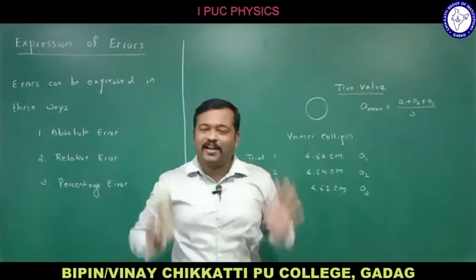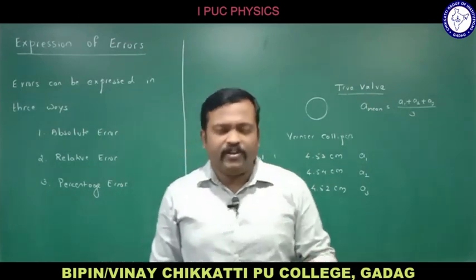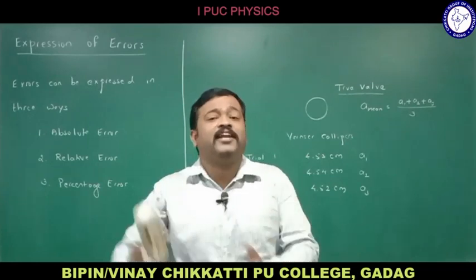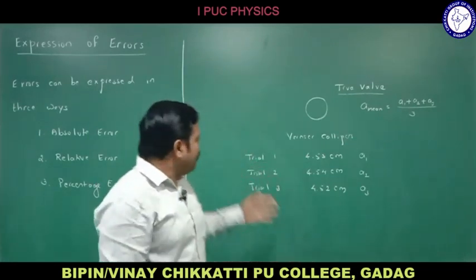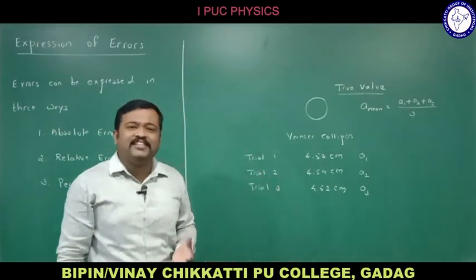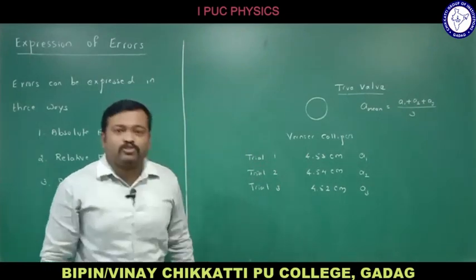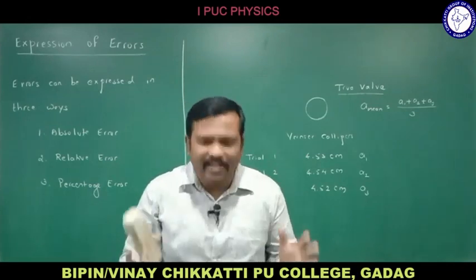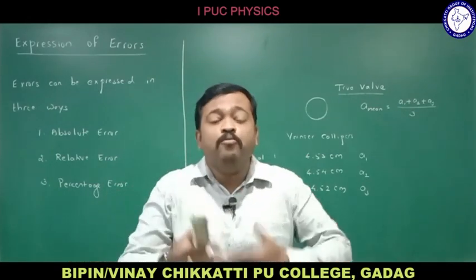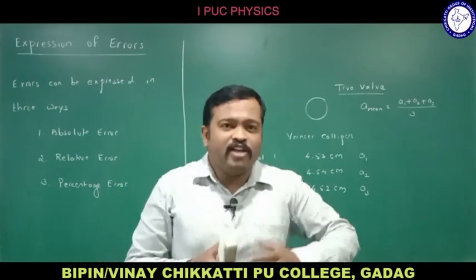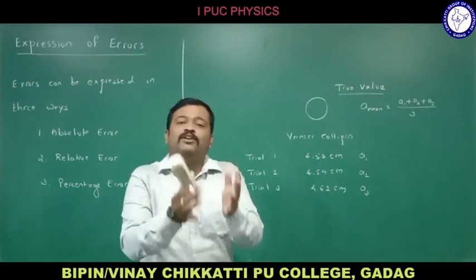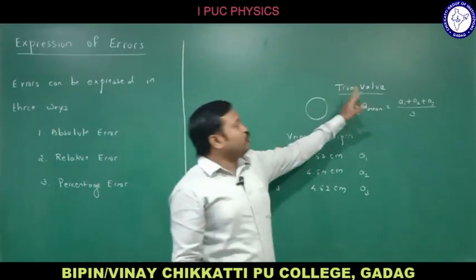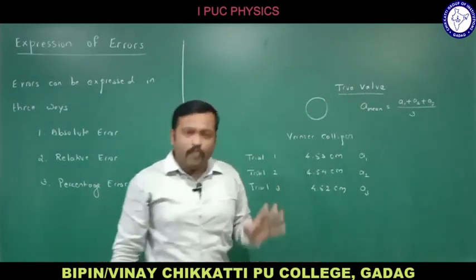When you come to the lab also, you take the readings more than one time, minimum 3 times. Why are you increasing the number of times? To reduce the error in the measurement. As you take more and more trials, errors will be reduced accordingly. Here the true value is nothing but the mean value.